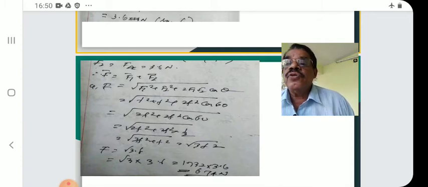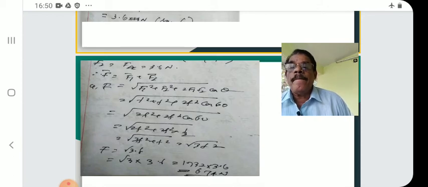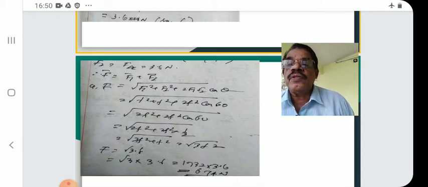Vector addition: if there are two vectors P and Q, their resultant is given by root of P square plus Q square plus 2PQ cos theta, where theta is the angle between the two vectors. So here F1 and F2 are the vectors, the forces. Therefore the resultant force on C, that is F, is equal to root of F1 square plus F2 square plus 2 F1 F2 cos theta.